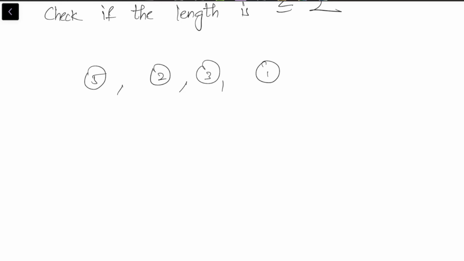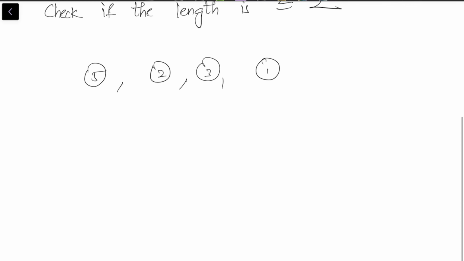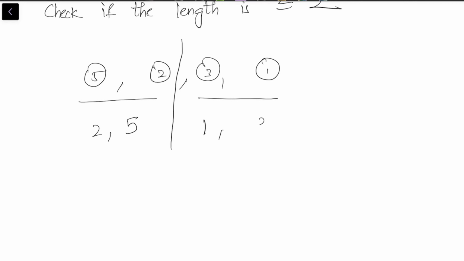It tries to split it by half. Now it checks if the length of the left array and right array is less than or equal to 2. If so, it sends these two numbers in sorted order. It changes it to 2, 5, and it changes it to 1, 3.